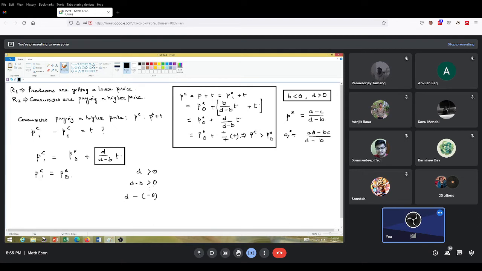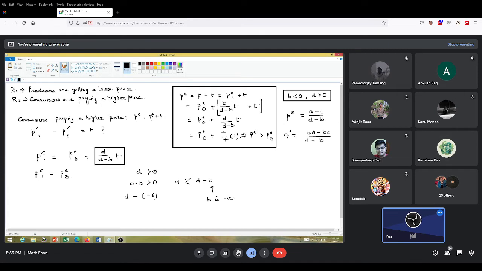So which one will be larger, D or D minus B when B is negative? Say D minus B. This will be larger, right?